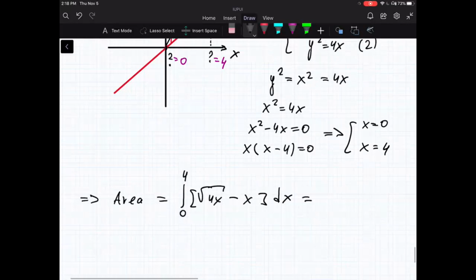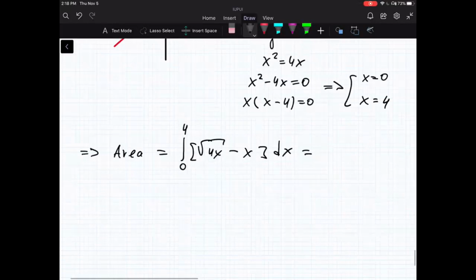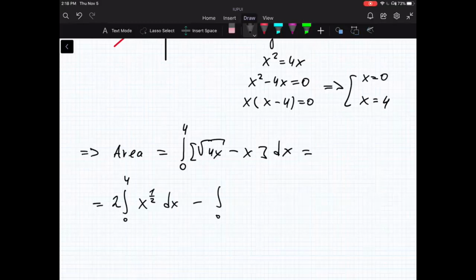And what I'll get? I'll get that it is integral from 0 to 4. Square root of 4 is 2. So I can put it in front of the integral, and square root of x is x to the power 1/2 dx minus integral from 0 to 4 x dx.